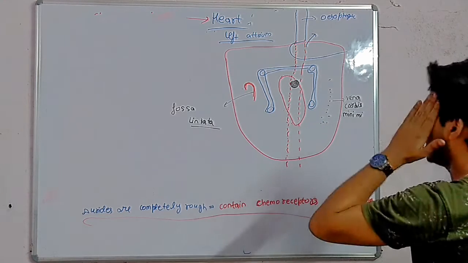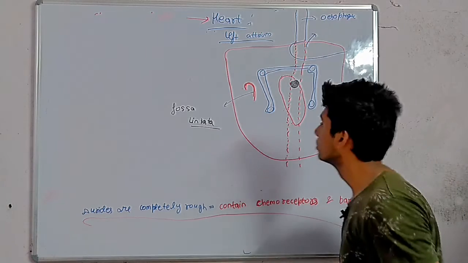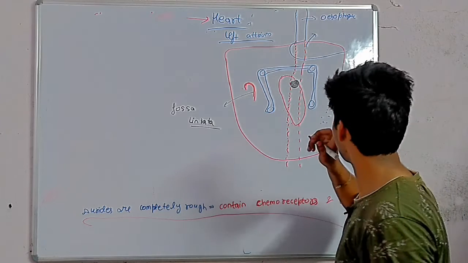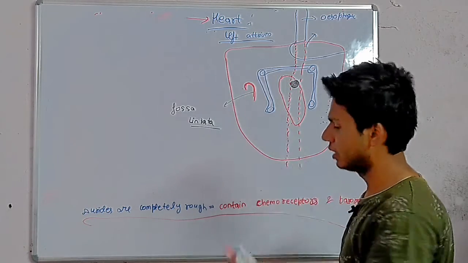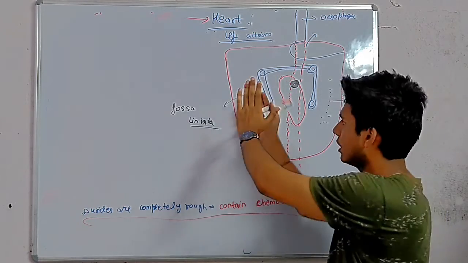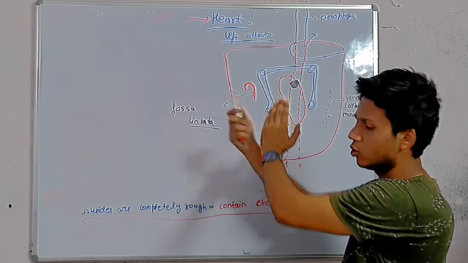Then these are some important features: fossa lineata and the fascia. We know the septum is present. The septum is somewhat present anteriorly, and this is the posterior wall.